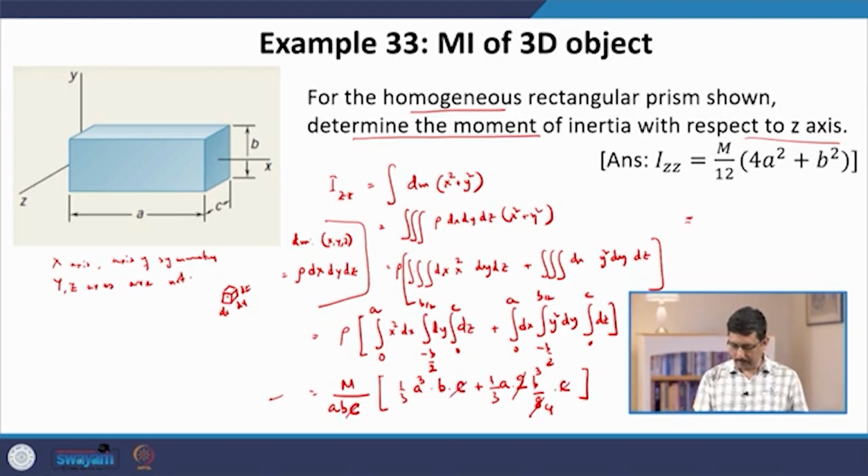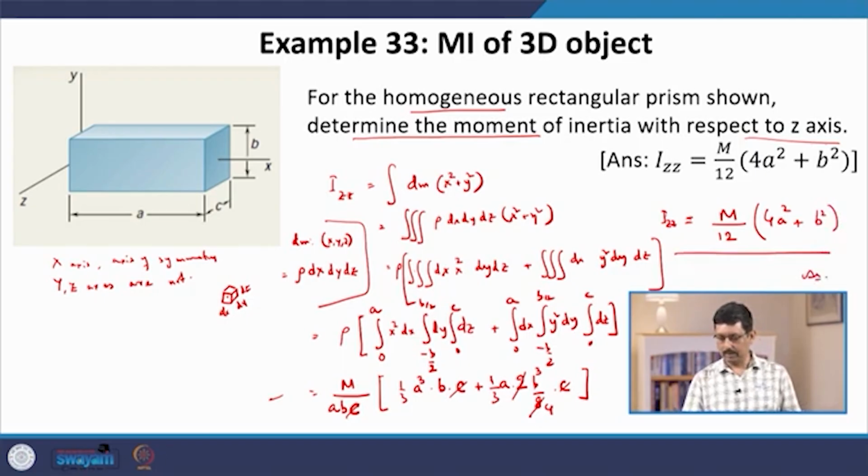So, if I simplify, we get I zz is M by, the first term has 1 by 3 and the second term has 1 by 4, so 1 by 12. We take 1 by 12 out, then the first term will have 4 a square and the second term will have only b square, and this is the answer.